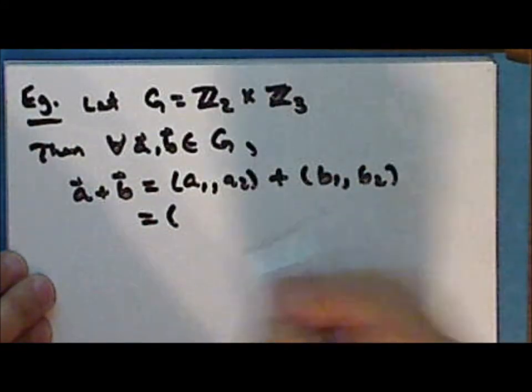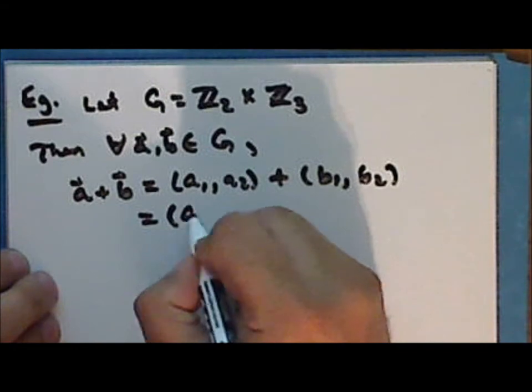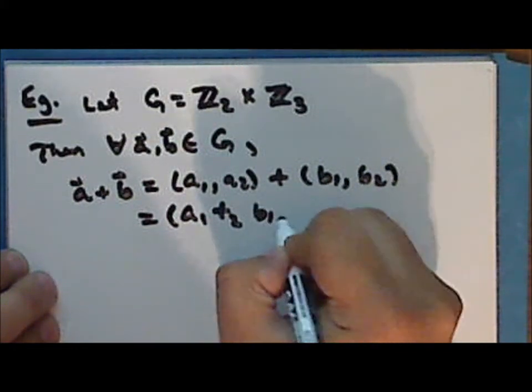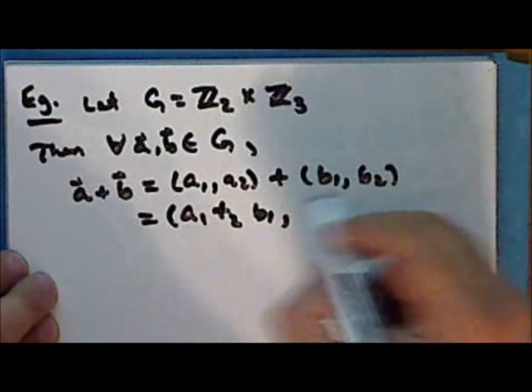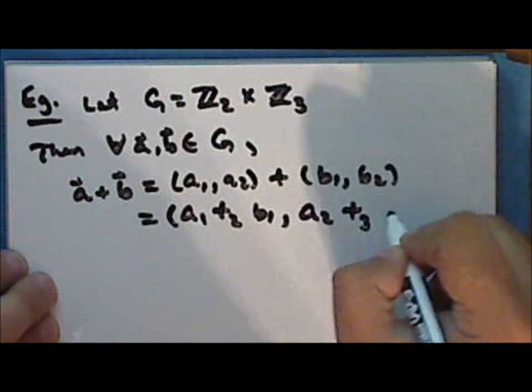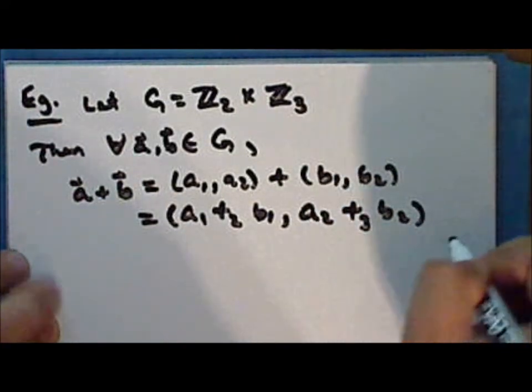And this is the ordered pair whose first coordinate is a sub 1 plus b sub 1 modulo 2, and whose second coordinate is a sub 2 plus b sub 2 modulo 3.